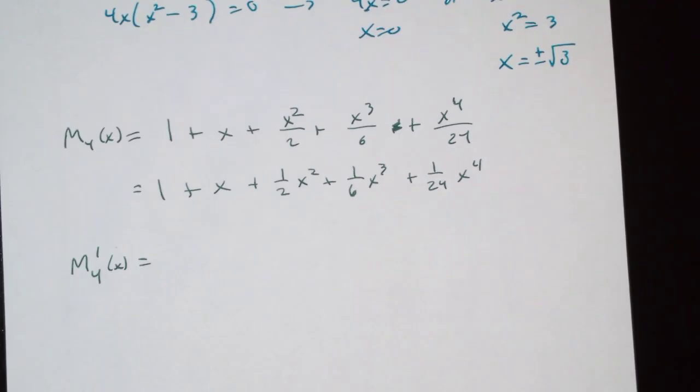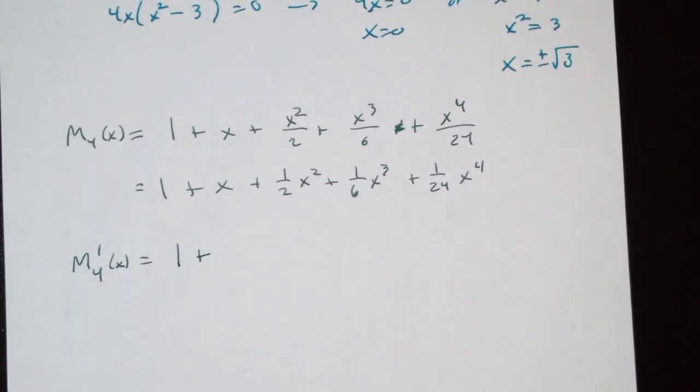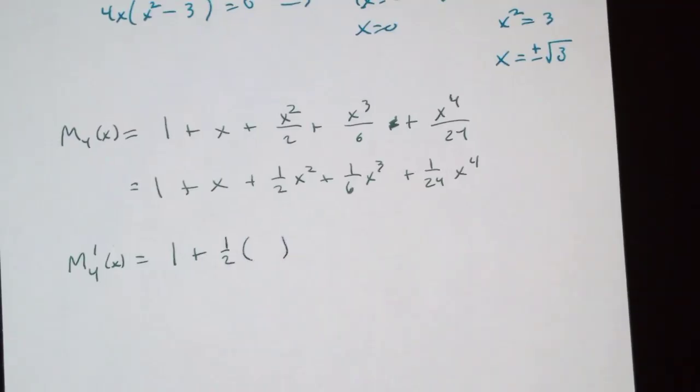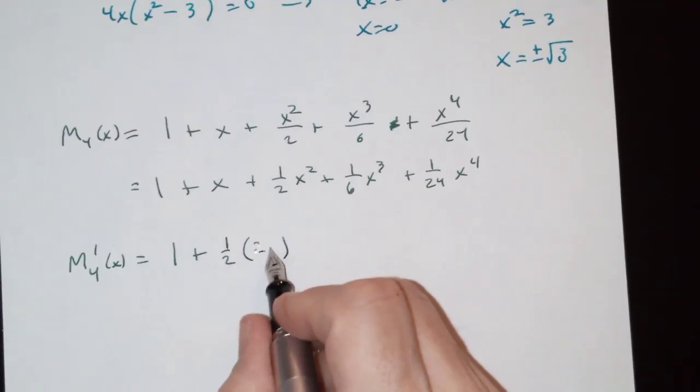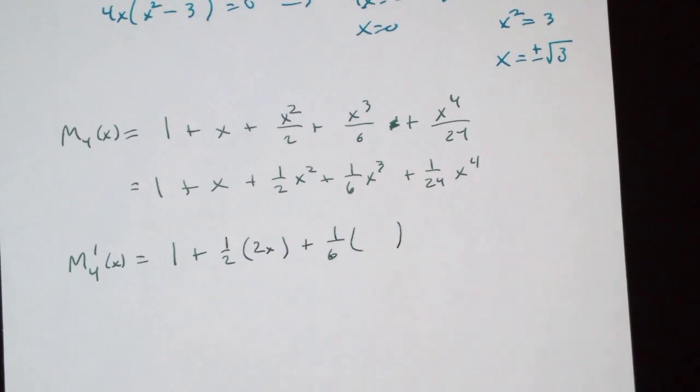What's my derivative? The derivative of 1 is 0. I don't even need to write it down. The derivative of x, 1. The derivative of 1/2 x squared. We don't have to do them together. We can leave the 1/2. The derivative of x squared is 2x. Leave the 1/6. What's the derivative of x cubed?